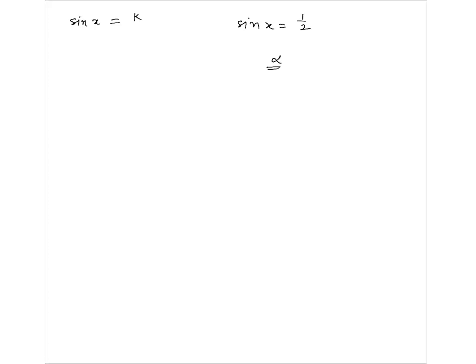That's not a rule, that's a convenient practice. So then I can write sine x equal to sine alpha, right? Actually, it was easier to handle things in terms of alpha than in terms of k. So we chose this approach.